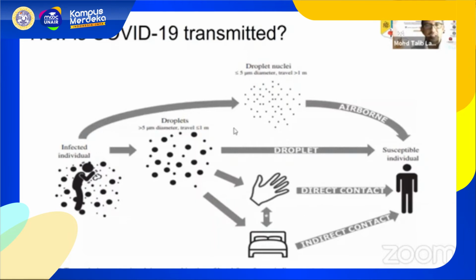And then after that, many researchers showed that the droplets carrying COVID-19 can be transferred via airborne. This is because infected people can produce droplets when they talk, when they sing, when they sneeze, cough, and so on.